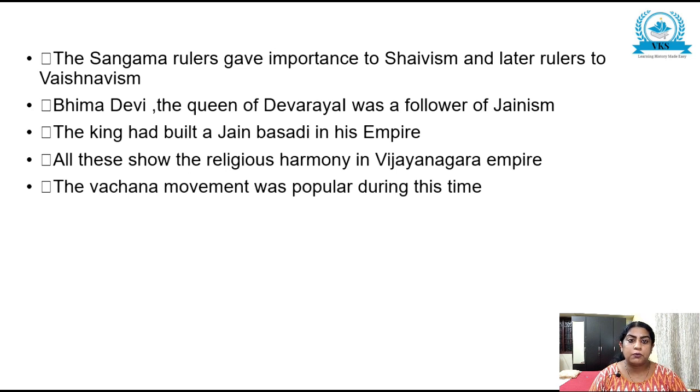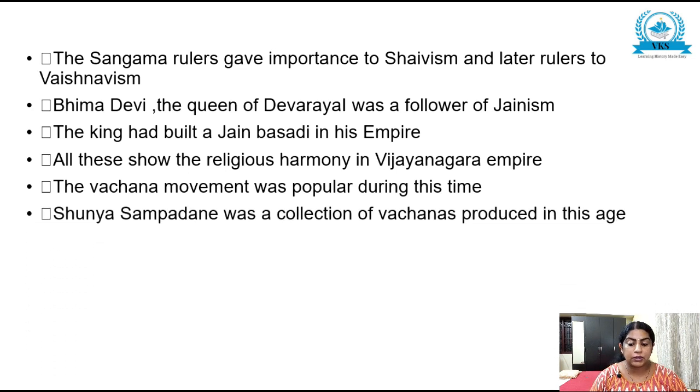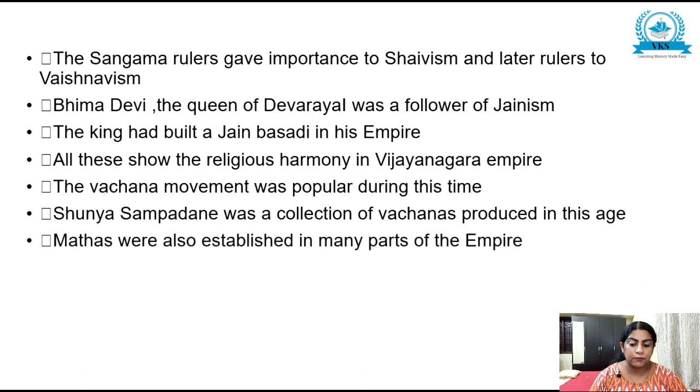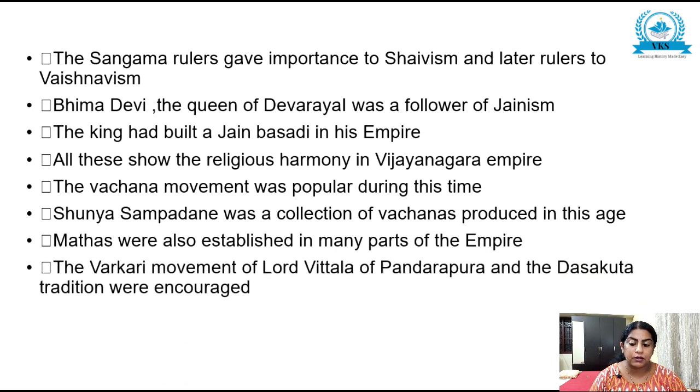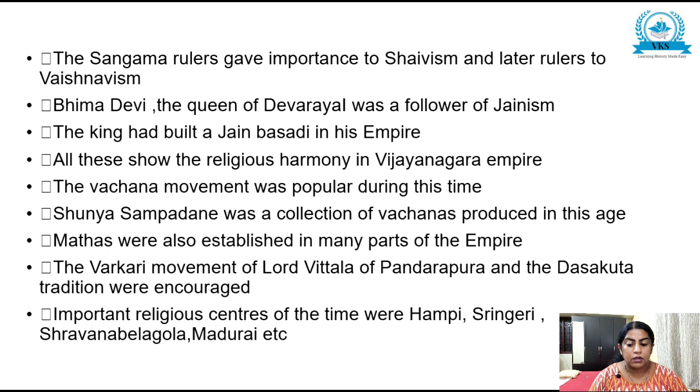The Vachana movement was a popular movement during this time, and Shunya Sampadane was a collection of vachanas produced in this age. Mathas were also established in different parts of the empire, and the Varkari movement of Lord Vittala of Pandharpur and the Dasakuta tradition were also encouraged. Important religious centers of this time were Hampi, Sringeri, Shravanabelagola, Madurai, etc.